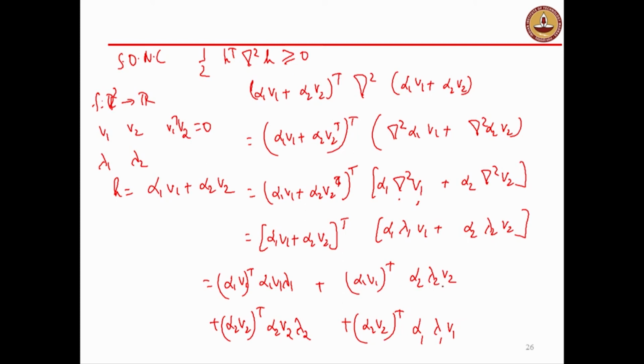The only vectors are V1 and V2. What do we know about V1 transpose V2? It is 0, and V2 transpose V1 is also 0. So all the cross terms go to 0, and I can ignore them.